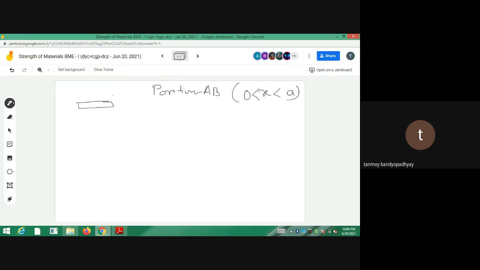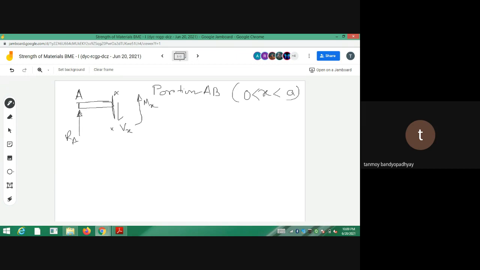At the point A there is a force acting, let this be RA. At the cross section, let the shear force be Vx and the bending moment be Mx.